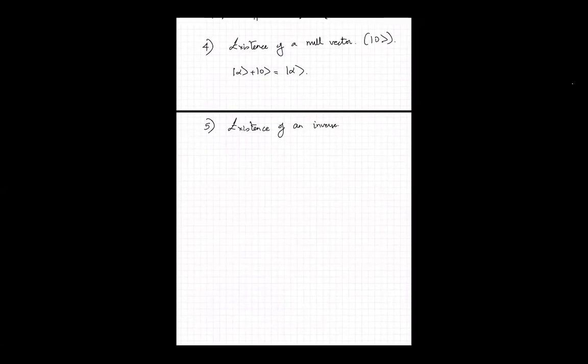Which means that for every alpha vector, I should have an inverse, which I will call minus alpha vector, such that if I add alpha vector to the inverse of alpha vector, I get the 0 vector. Suppose you have a vector which is 3i plus 4j, then I also have a vector which is minus 3i minus 4j, such that a plus minus a is 0. That is the inverse in the usual language.